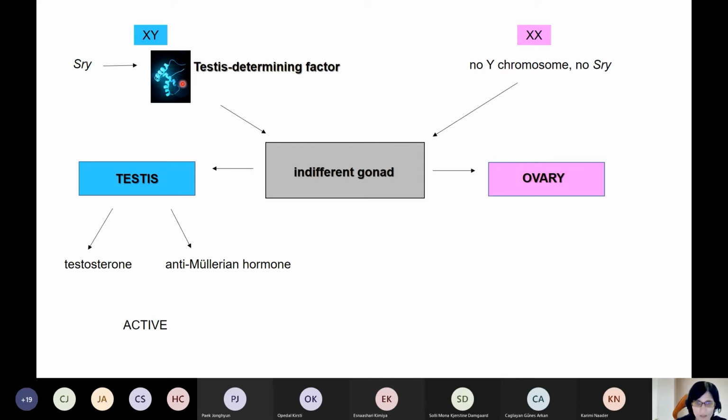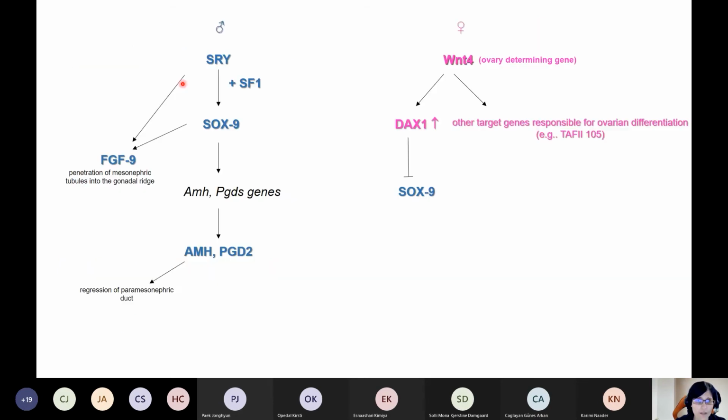determining factor. If we see the molecular mechanism, in this case, we see on this side the male cascade, and here the female cascade. In case of the male cascade, of course, SRY is necessary. The SRY protein is encoded by the SRY gene.